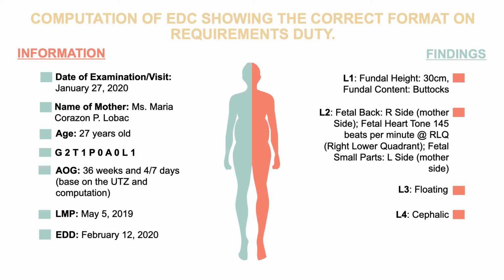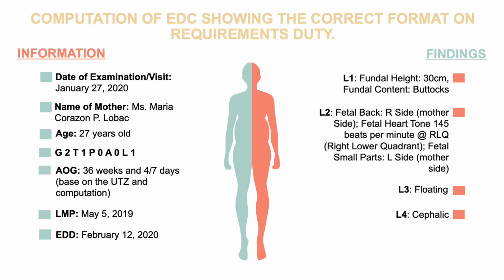So here in the information listed, we list down the date of examination or visit, the name of mother, age of the client, her GTPAL, her AOG, or age of gestation, her LMP, or last menstrual period, and her EDD, or expected delivery date.